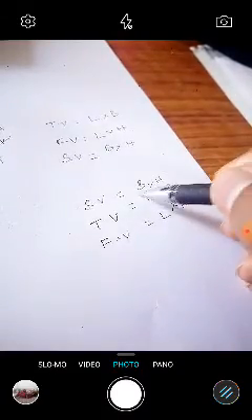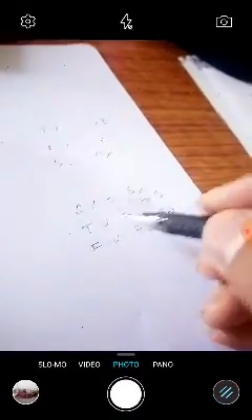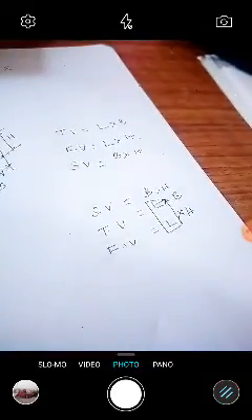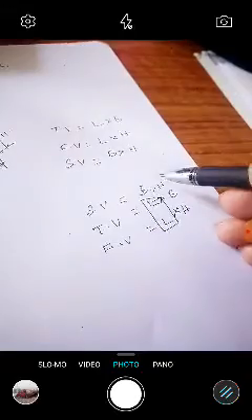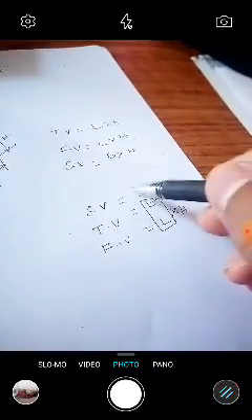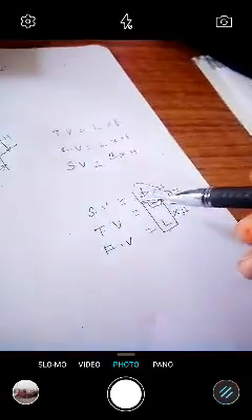If you see here, the length is common in front view and top view, meaning the front view will have length as a common thing, and side view and top view consist of breadth as a common thing.